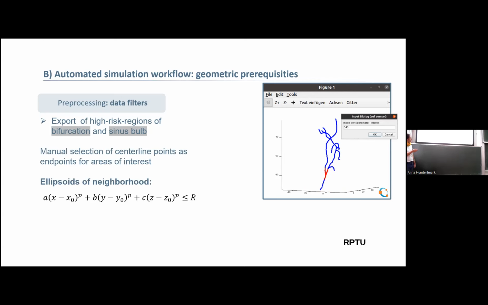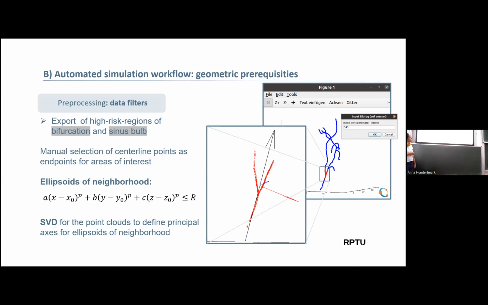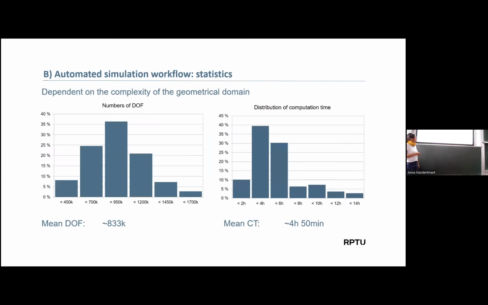Then the ellipsoid of neighborhood will be computed, but also a singular value decomposition for the point cloud of the bifurcation. We define principal axes for the planes, for cut planes, and for the ellipsoid of neighborhood, and so on. This kind of preprocessing is needed in this automated simulation workflow.